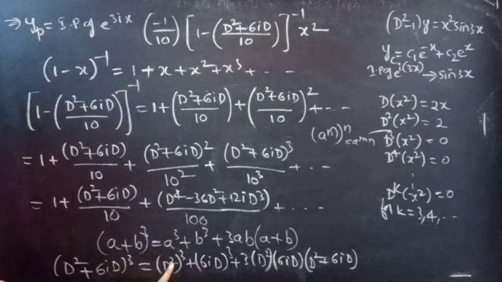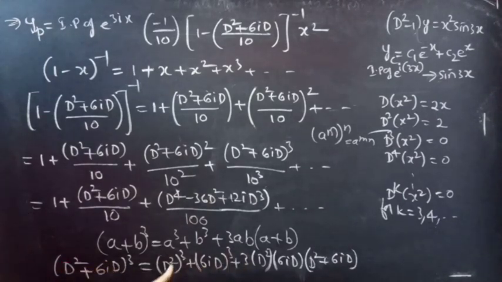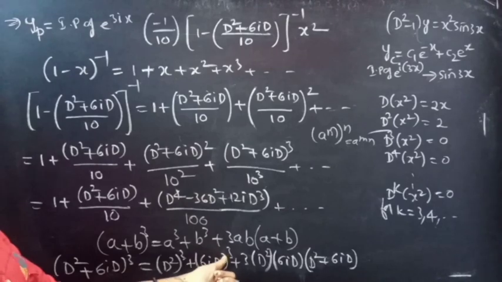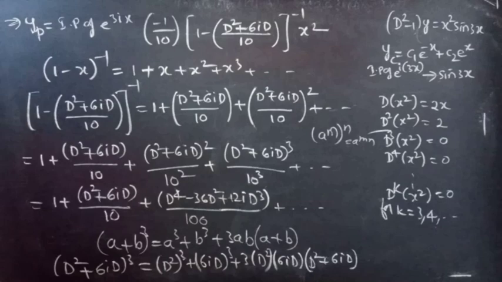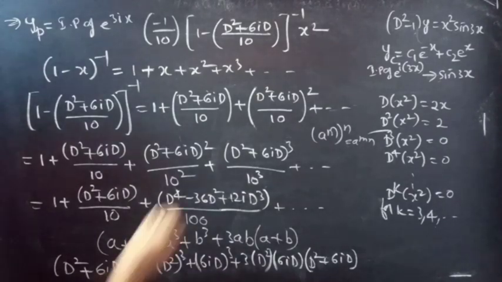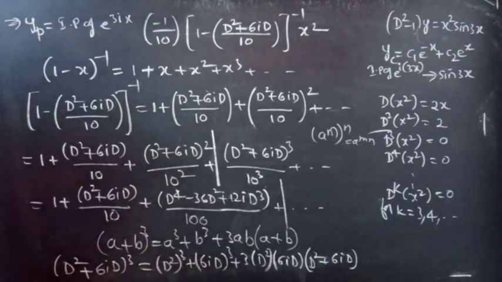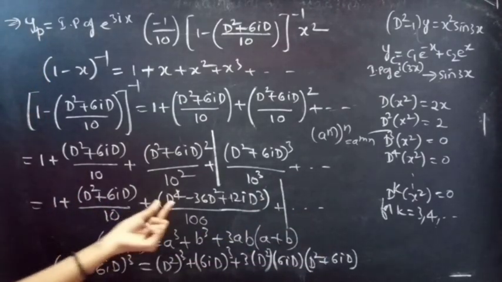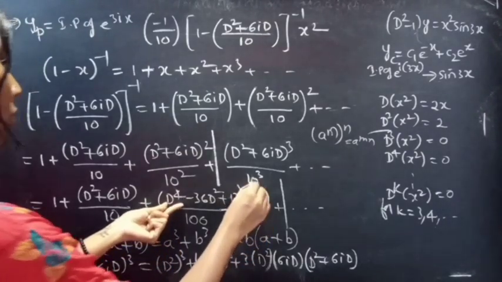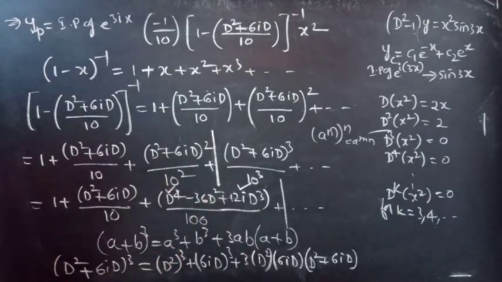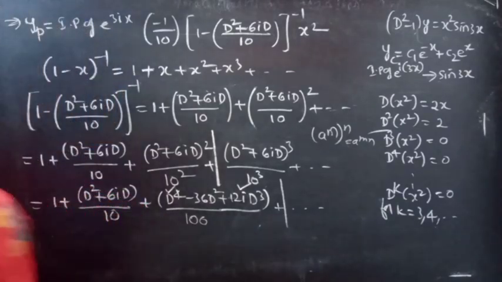So here you'll get d⁶, then i³ into d³, and then d³ into (d² + 6id). So we are getting higher derivatives, right? We can neglect all the terms from here, and also the higher derivative terms d³, d⁴. We can also omit d³, d⁴ from the third term.